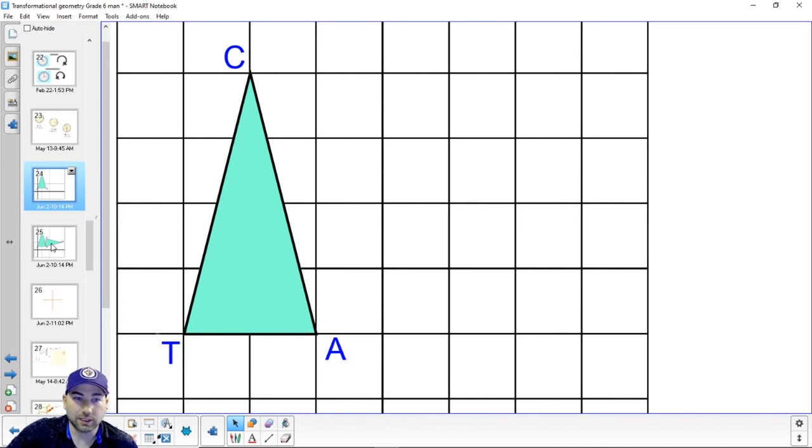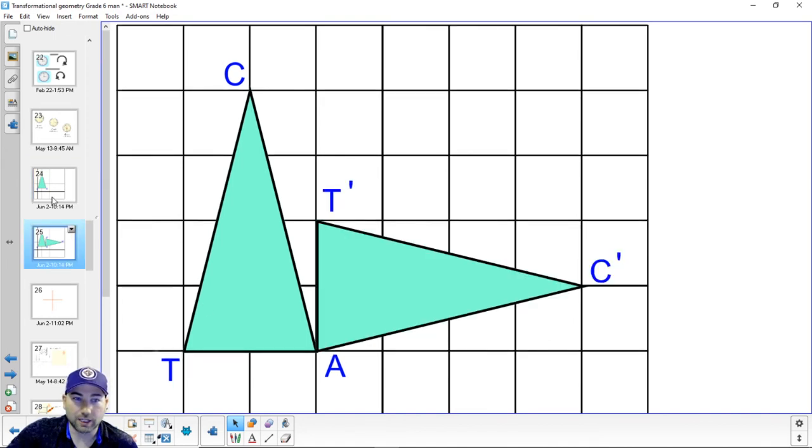And what that looks like is this. So that shape just rotated 90 degrees clockwise about point A. Make sure you put down your point on A, then C would end up over here, and T would then end up here. So that is one rotation 90 degrees clockwise about point A.